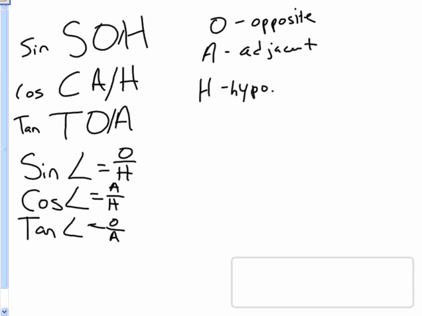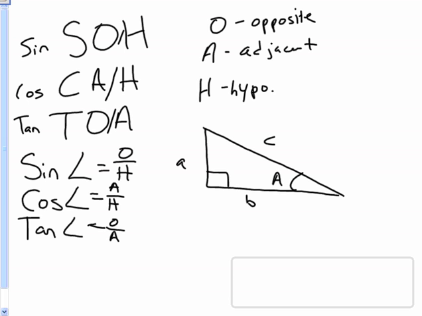Got it? Now, the key to these types of problems is recognizing what angle you're talking about. The key to the entire problem is the angle. So if I say this is the angle, I'll call this angle A. Let's call these sides A, B, and C. Of these three sides, which side is opposite from it?